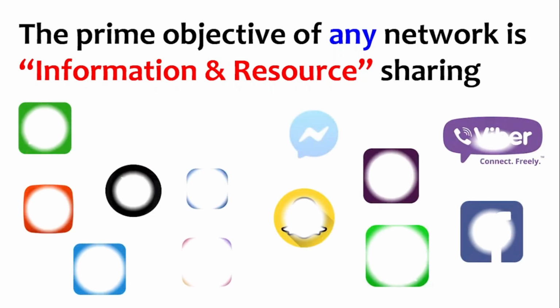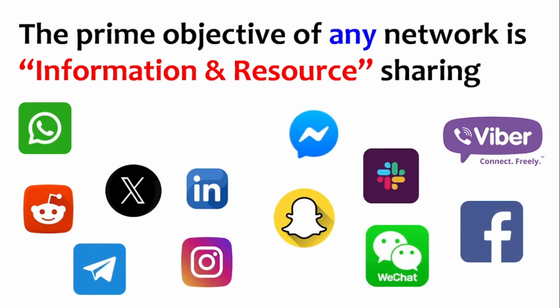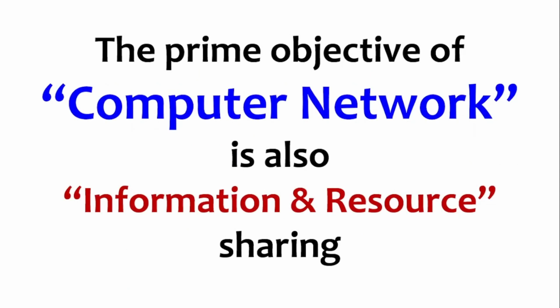For example, we have WhatsApp, Twitter, Instagram, Viber, WeChat, Snapchat, and of course we have YouTube as well. So the prime objective is to share information and resources. So the prime objective of a computer network is also information and resource sharing.